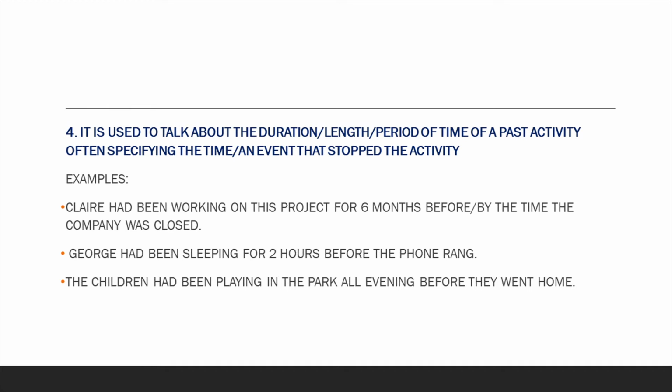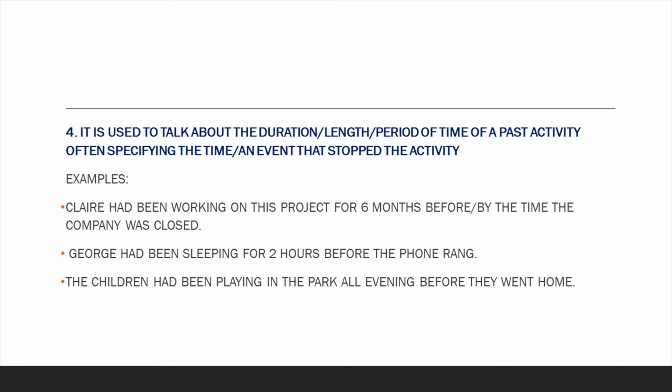It is also used to talk about the duration, the period of time of a past activity, and it often specifies the time at which that activity stopped. Or it also tells you the event that stopped the activity, to be precise. So here let's look at this example. Claire had been working on this project for 6 months before the company was closed.